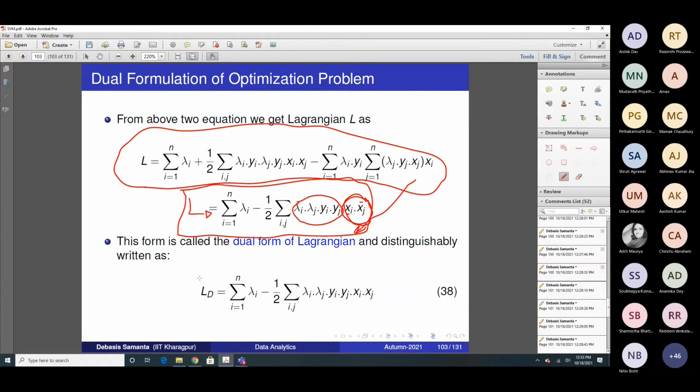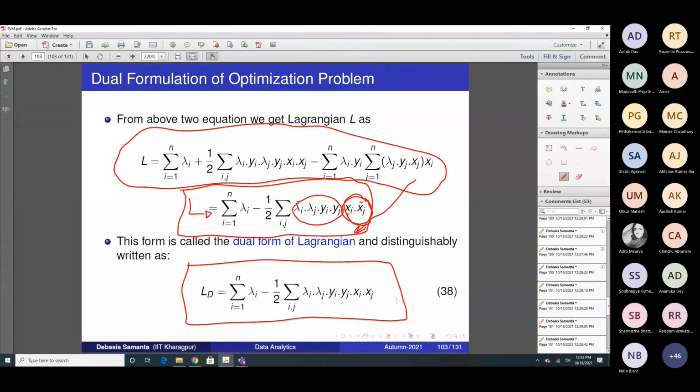This is a very important derivation: the Lagrangian which we know for the primal form can be reduced into a very compact and simple form, and it takes this look.